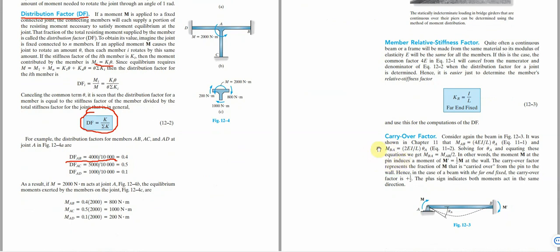Now, this carryover factor, the way I will explain it is that in the moment distribution method, after getting our distribution factor and applying it to the moment, there's moment that will be transferred to the other end or to the support, and we'll try to balance them. So we'll try to take it to the other end, that's carryover factor.